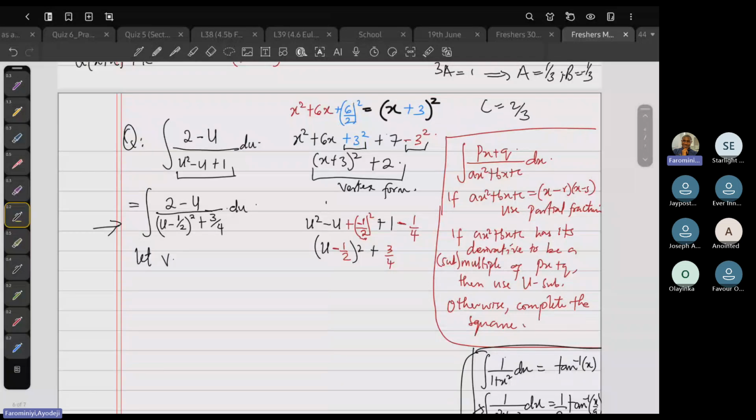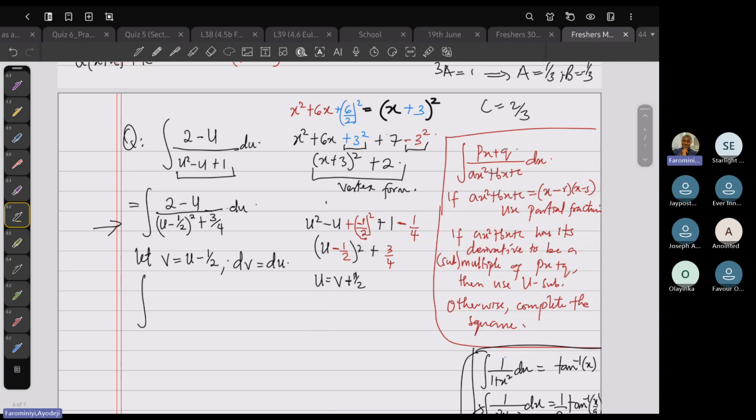So let v be equal to u minus 1 over 2, such that dv is just du because it's just one. So we can rewrite the equation. If v is u minus 1 over 2, it means u is equal to v plus 1 over 2.